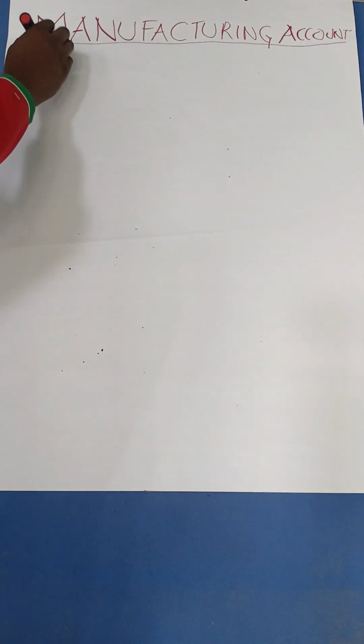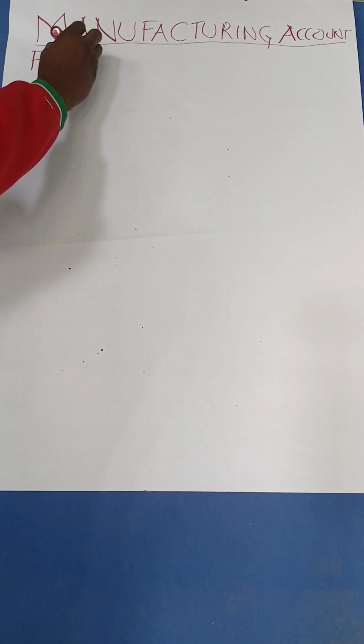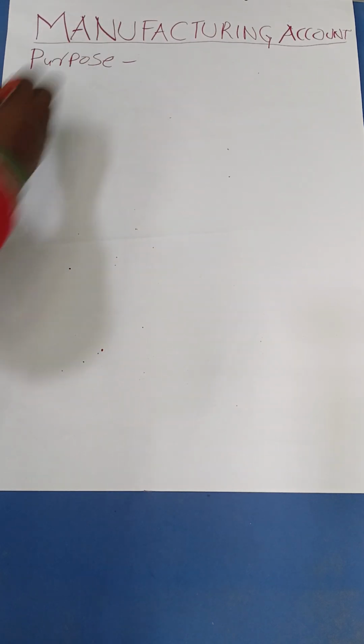Good. So the aim of us preparing the manufacturing account, we have to realize that there is a purpose of us coming up with it. One, we are going to report on all costs that have been incurred in producing the goods.